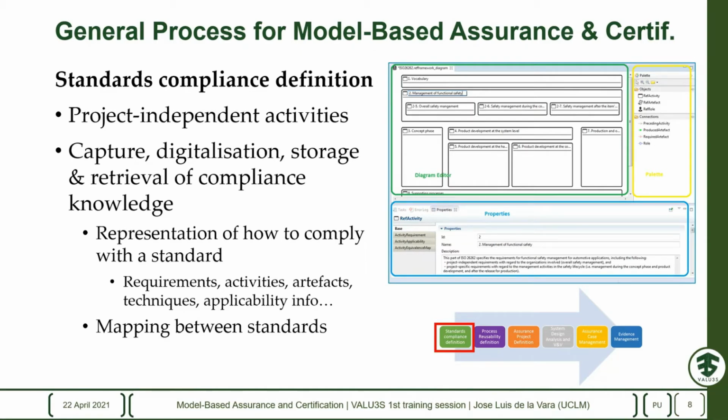And also for reuse purposes between projects. For example, if the criticality level of a component changes because of the way it has been developed or used, better said, I can also exploit those mappings to see how compliant I would be in a new situation.